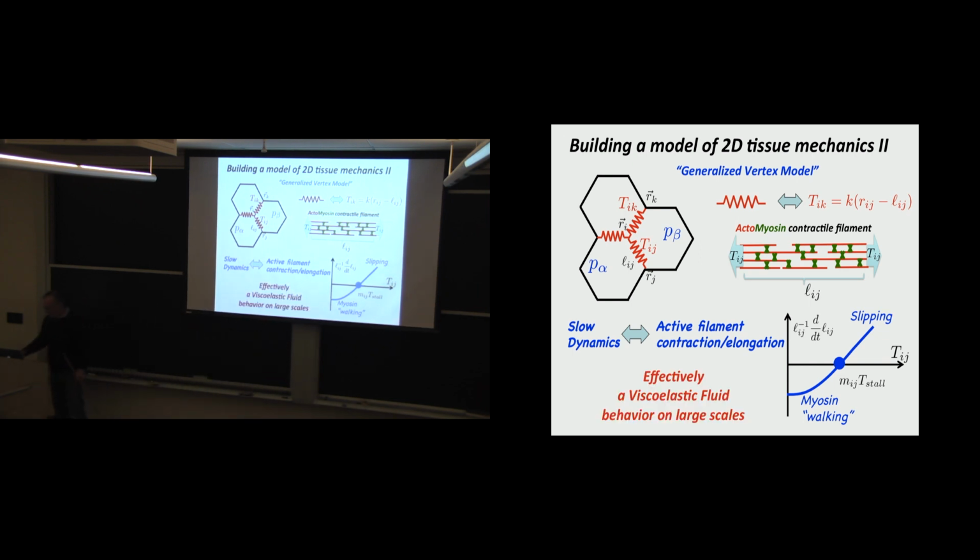And you can then convince yourself that on a time scale where these filaments start rearranging, this material can be understood effectively as a viscoelastic fluid, at least as far as large-scale response is concerned.